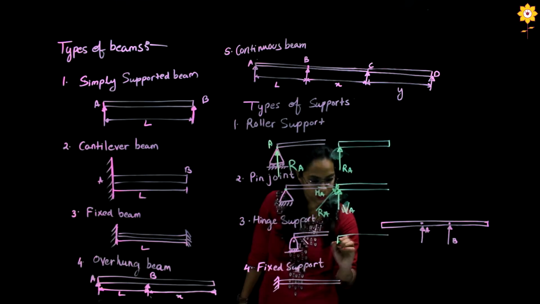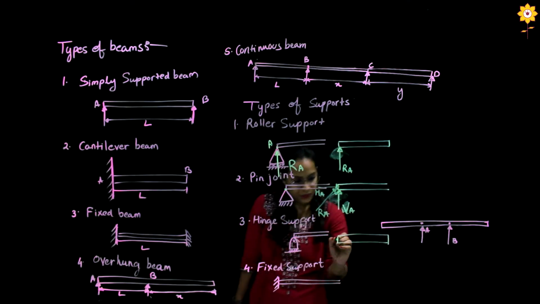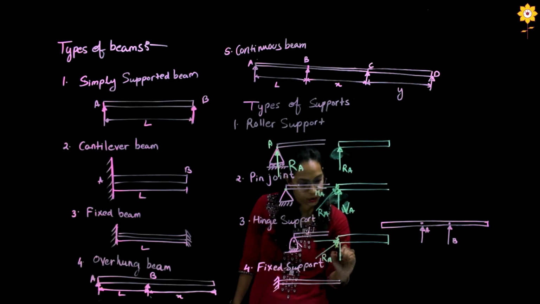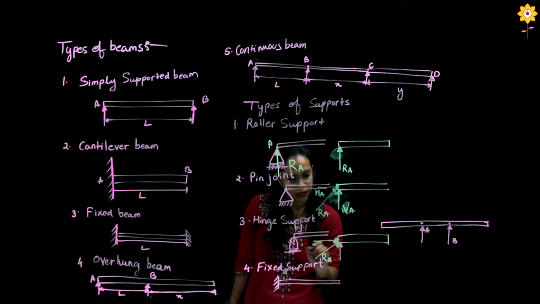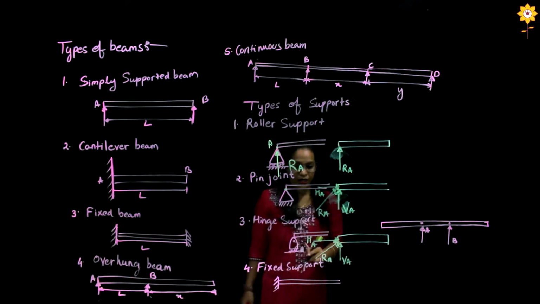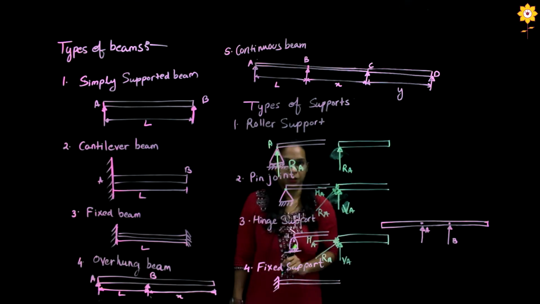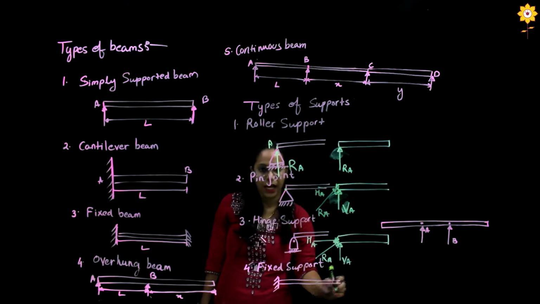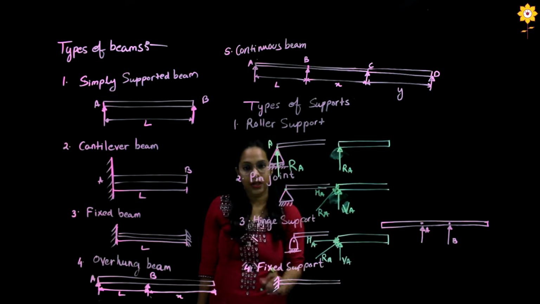Similarly for the hinge joint, if we remove the support, I get one reaction at an angle, as it is free to rotate, and so it is resolved into two components, horizontal and vertical. If we have a fixed support, it is restricted in the horizontal and vertical directions, and it is also restricted from rotation as it is fixed.